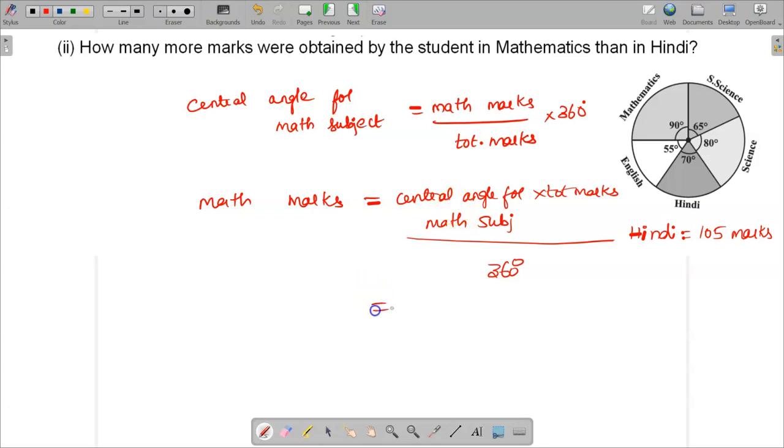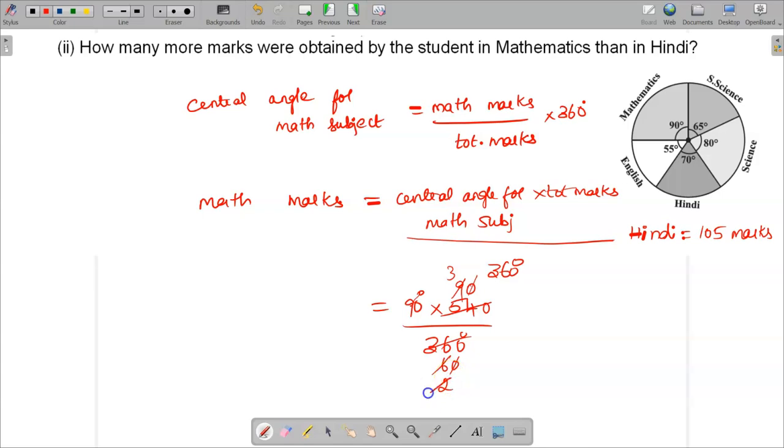So math marks is equal to, what is the central angle for the math subject? The central angle is 90 degrees, into the total marks. The total mark is 540, which they have given in the sum itself, divided by 360 degrees. Now again using the 6 table, 9 6s are 54 and then 0 here, 6 6s are 36, 0 here, and the 0s get cancelled. Using the 3 table, 3 2s are 6, 3 3s are 9.